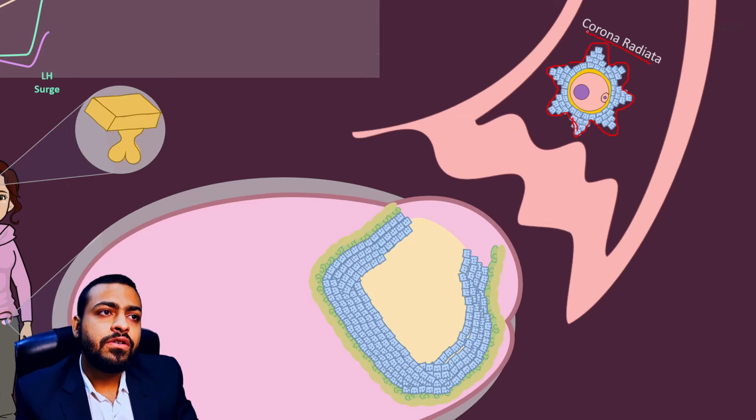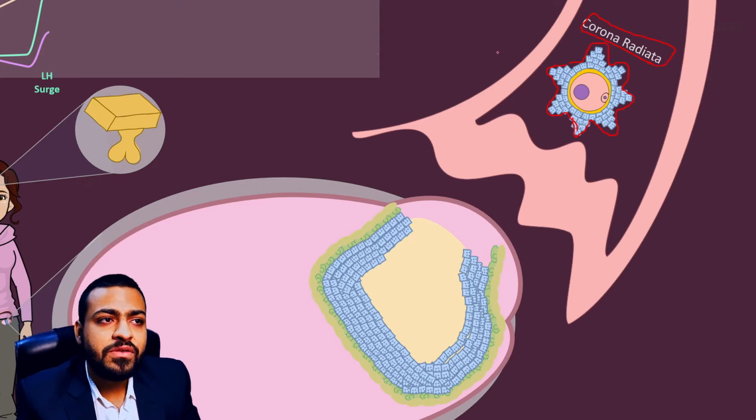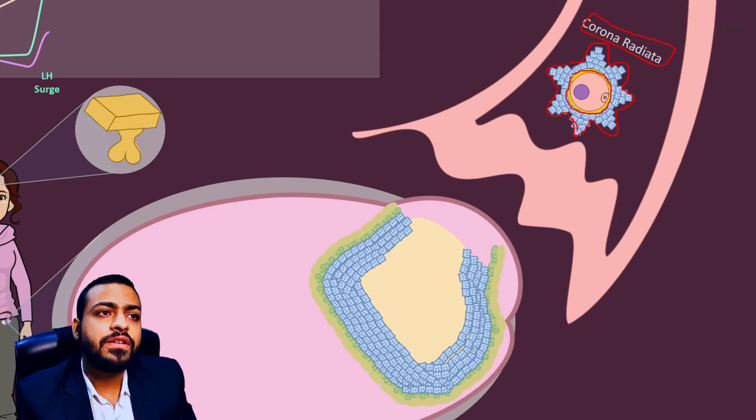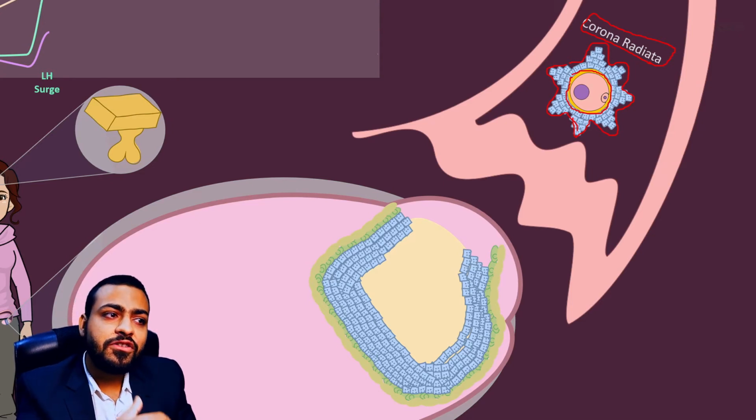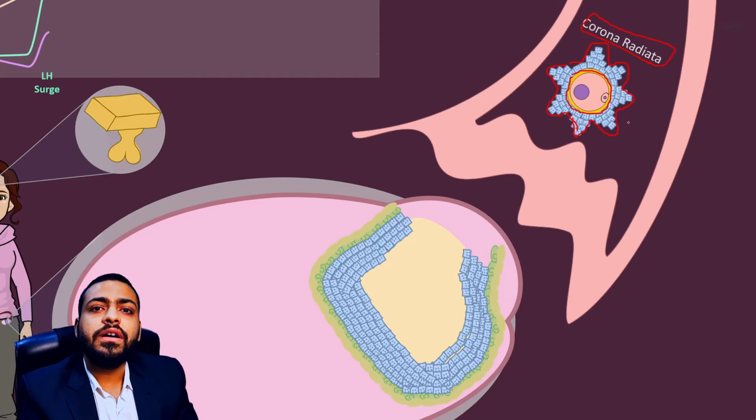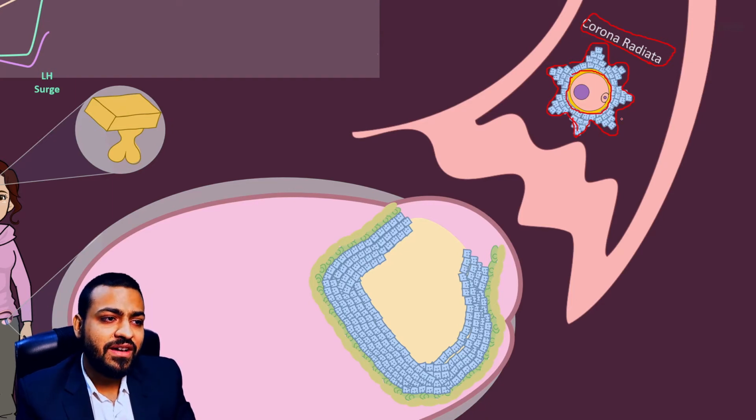Because it looks like a crown radiating out from the secondary oocyte, this collection of granulosa cells surrounding the secondary oocyte is named corona radiata, right? It is not cumulus oophorus. Of course, most of these cells were previously forming the cumulus oophorus, but now they are named corona radiata.